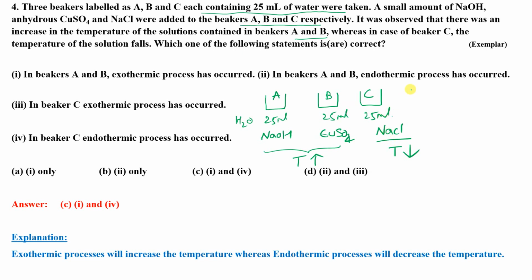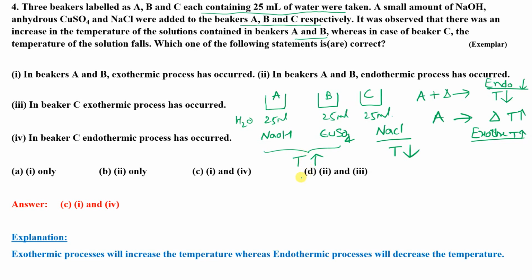Very simple. If a system absorbs energy, temperature decreases. If a system releases energy, temperature increases. Means in exothermic, temperature increases; in endothermic, temperature decreases.